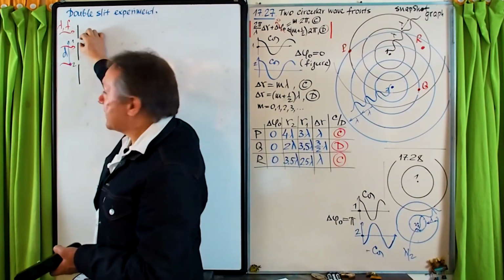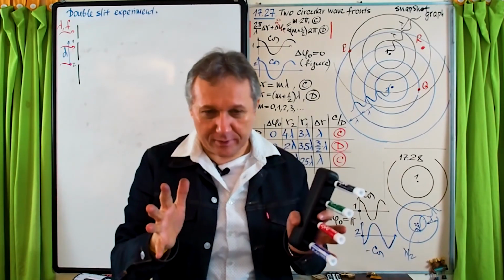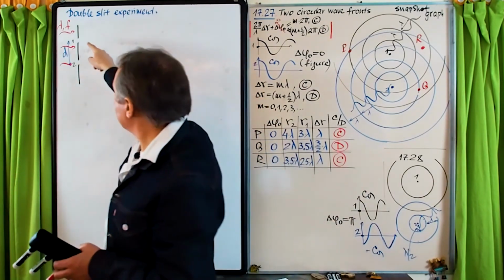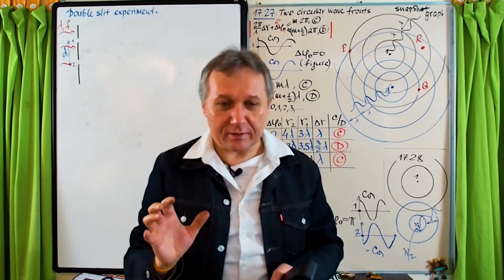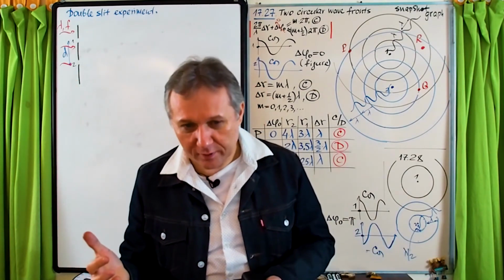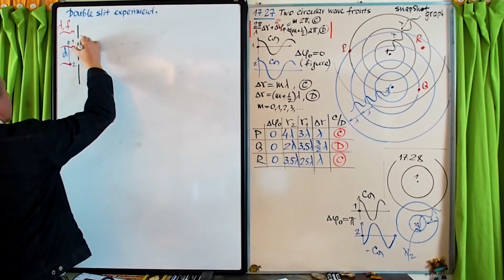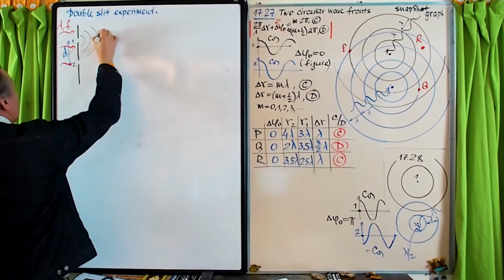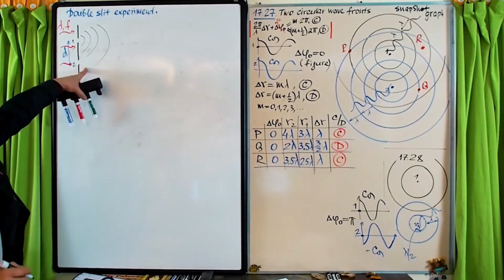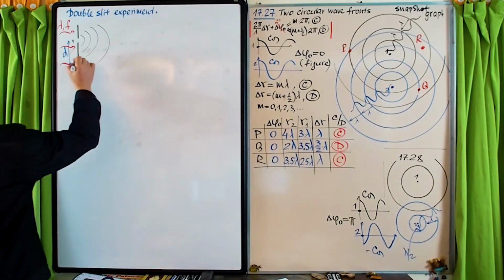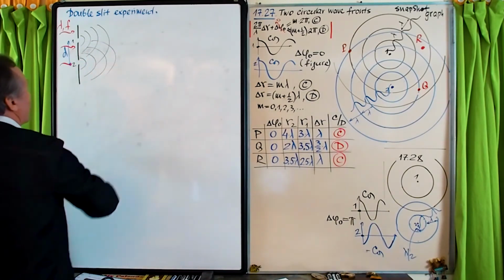Since the size of the slits is more or less comparable with the wavelength, these slits on this side of the screen are going to produce some kind of circular waves. Okay, let me draw something like this. And this slit is going to behave in exactly the same way, producing its own circular waves, right?